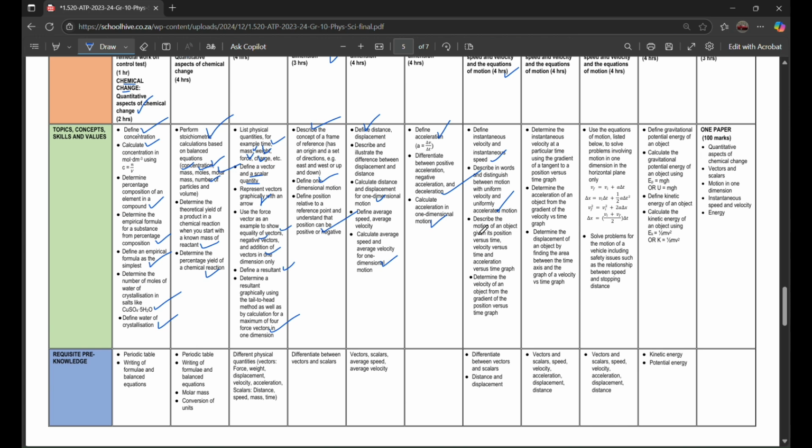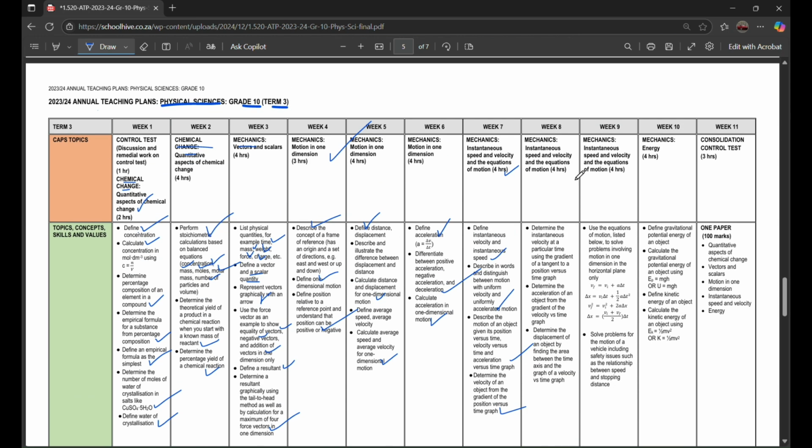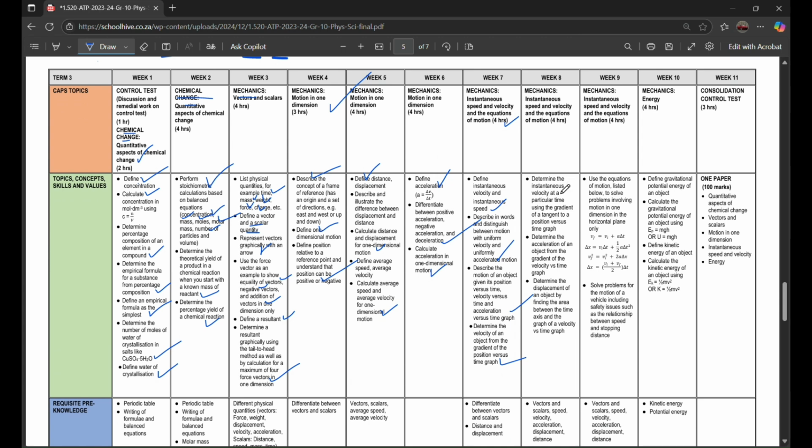Describe the motion of an object given its position versus time, velocity versus time, and acceleration versus time graph. Determine the velocity of an object from the gradient of the position versus time graph. Within week 8, we determine the instantaneous velocity at a particular time using the gradient of a tangent to a position versus time graph.